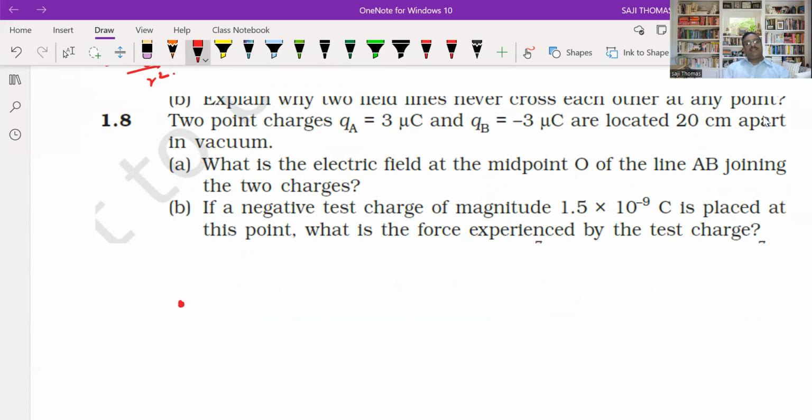See, two charges, QA and another charge, QB. Distance between them is 20 centimeter. You need to find the electric field at the midpoint. See, this is the midpoint. The distance from one charge is 10 centimeter.